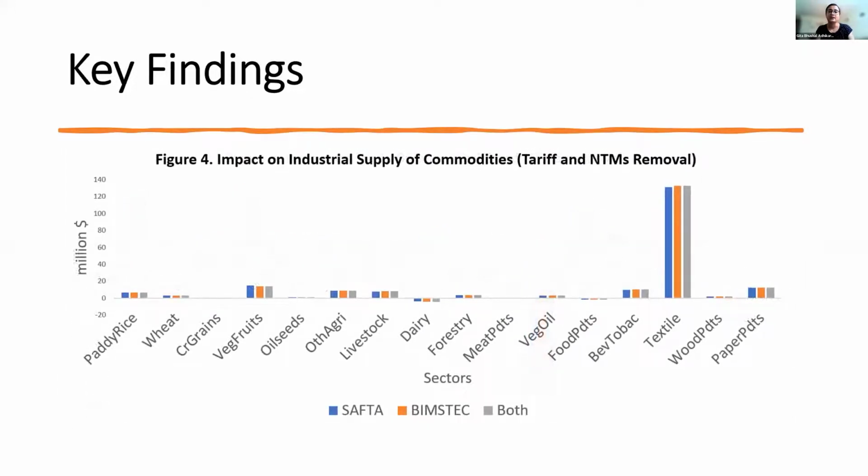If we look at the industrial supply of commodities, we can see that the textile industry has boomed very miraculously compared to other sectors. There was very negligible change in cereal grains and meat products, while food products and dairy had a negative impact. Not much, but it is still not growing.